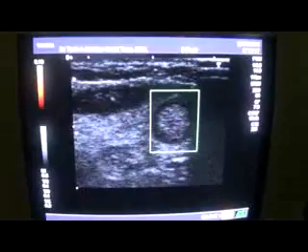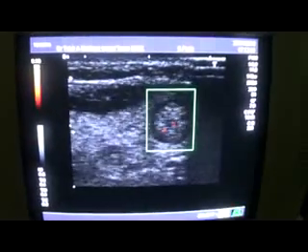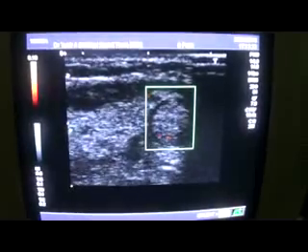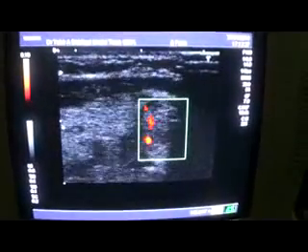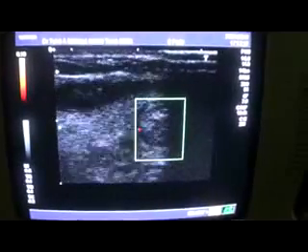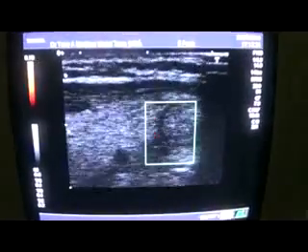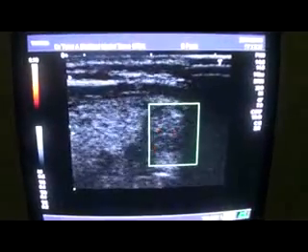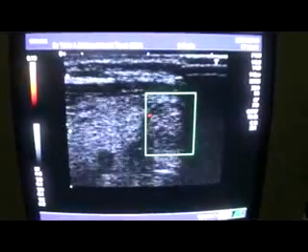I have magnified it. You see that it is echogenic in the center, and it has a halo around it. It shows vascularity. This is the second lesion under study. This one.